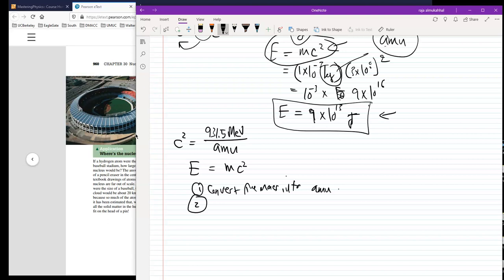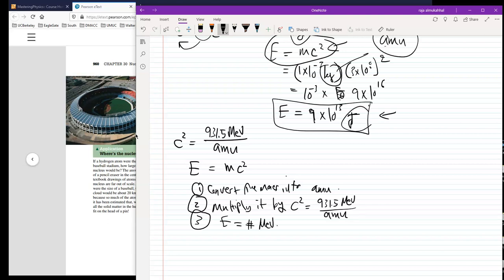Second, take that mass and multiply it by c squared, but c squared is equal to 931.5 MeV per AMU. Your final answer is going to be energy equals a number in MeV, mega electron volt, not in joule. We're not interested in the unit joule. In nuclear physics, we deal with mega electron volt, so you'll end up with that.